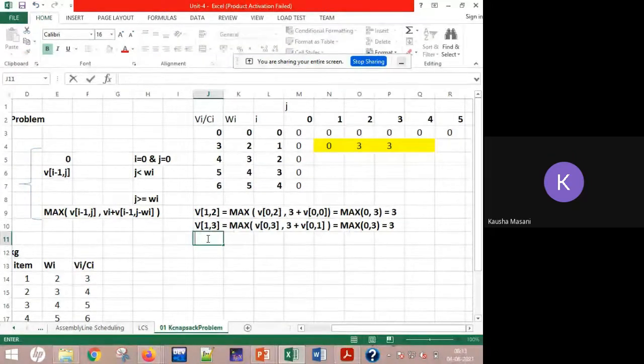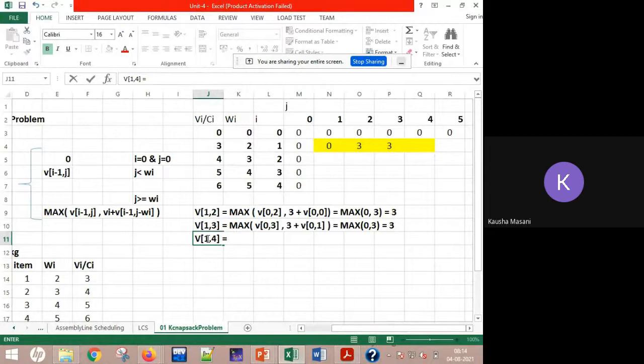V of 1, 4. Now, can you guys compute which formula to select? That is the first thing that you are supposed to do based on your J and WI values. Okay. Next step, compute the formula. Select the formula based on J and W. Compute the formula, get the max value or get the cell value.